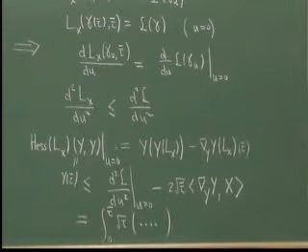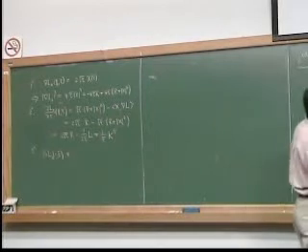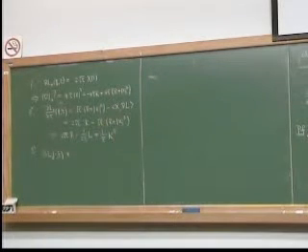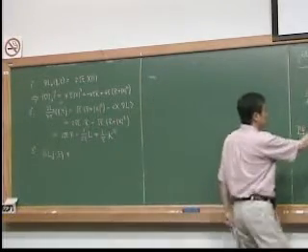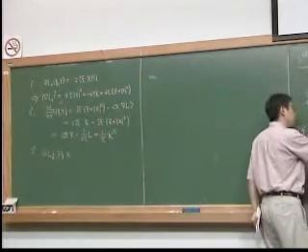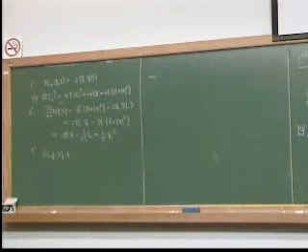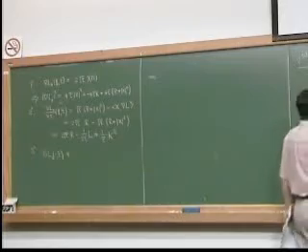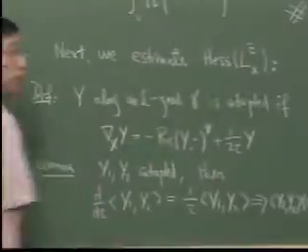So what will I do next? Let me just write this now. I copy some of these terms here, since in the bracket with dots there are these things. But next I want to replace these by using this equation here. Because Y is an adapted field, I can replace this by these things.